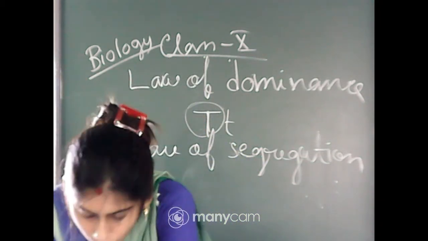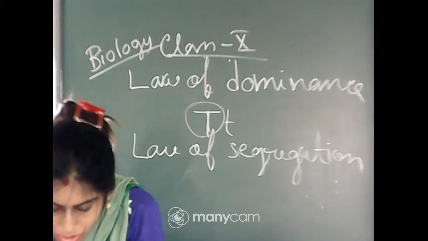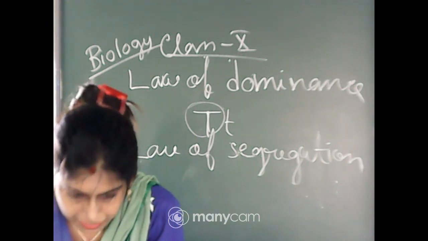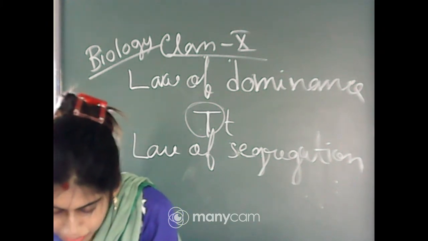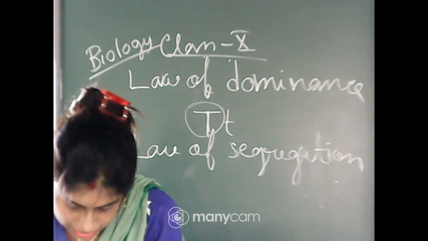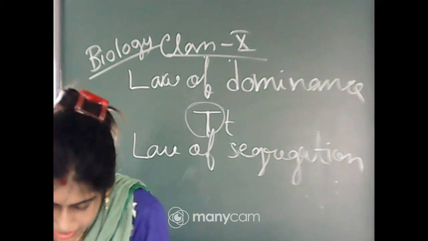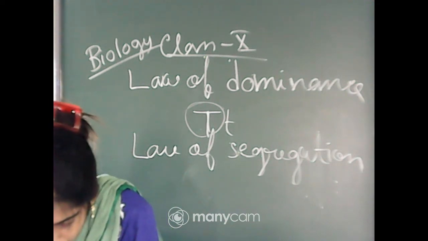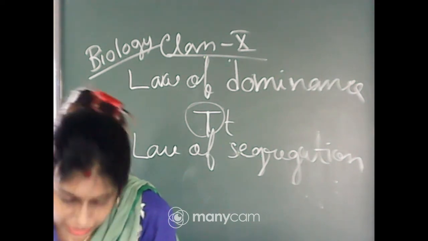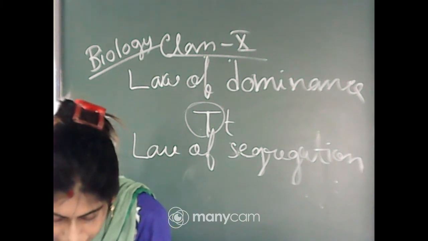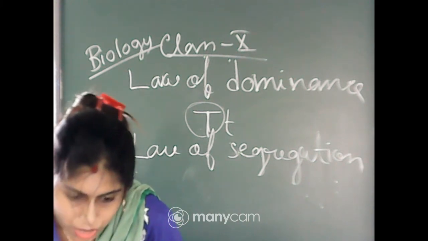So what is the law? From a pair of contrasting characters, only one is present in a single gamete, and one character is dominant and the other recessive in F1, and in F2 these characters are segregated in the ratio of 3:1.